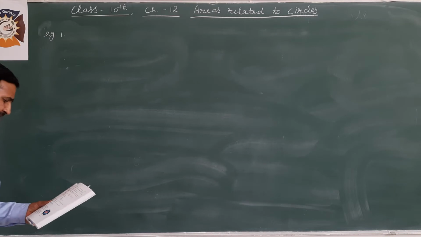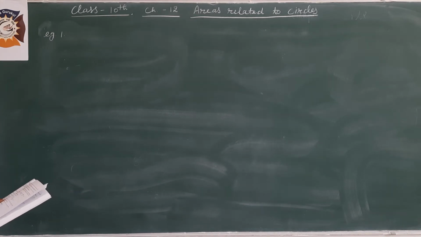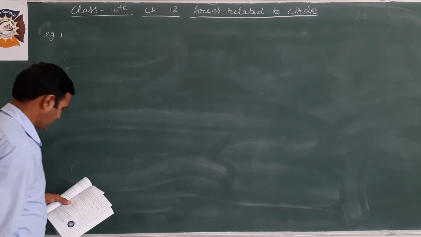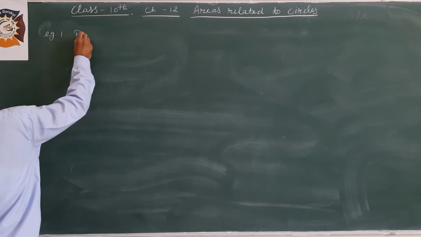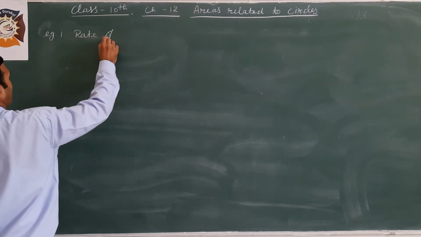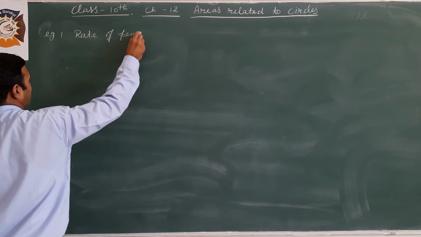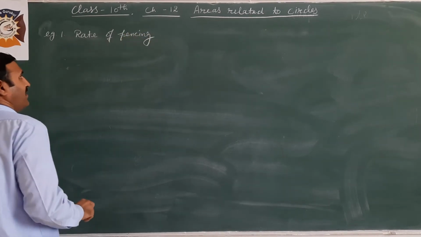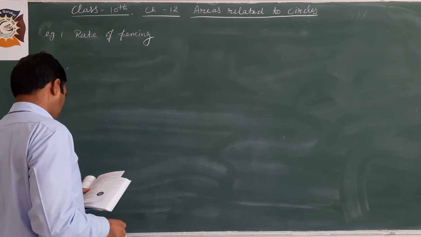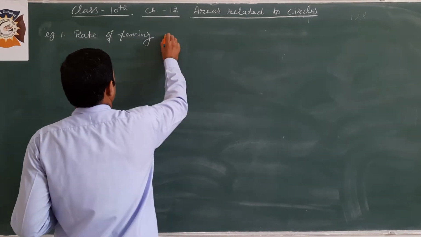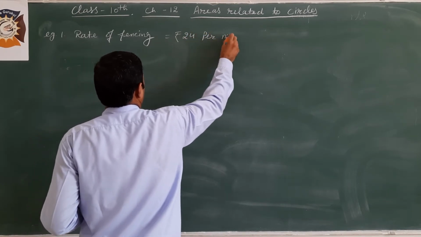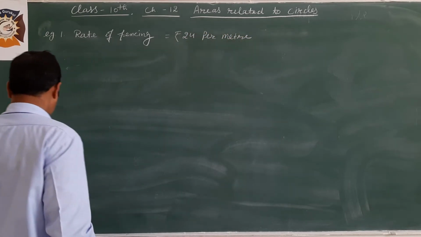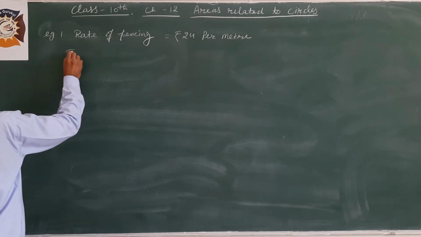The cost of fencing a circular field at the rate of 24 rupees per meter is 5280 rupees. Rate of fencing. You know the fence? If something is put on the boundary, it is called fencing. The rate is 24 rupees per meter. Total cost of fencing.